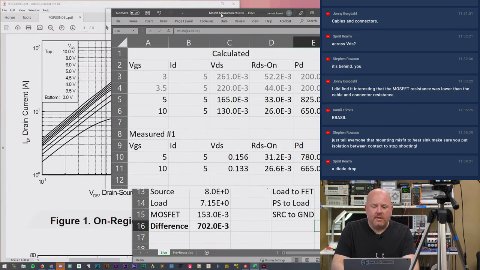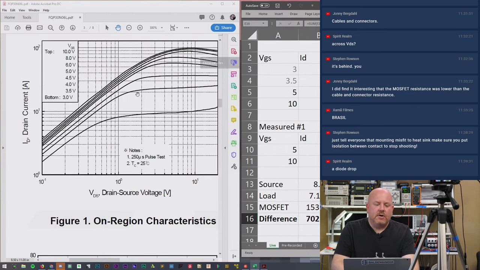And then the other thing I wanted to point out is when you're trying to figure out what the RDS(on) for a MOSFET will be, you need to look at this on-region characteristics graph, or it's sometimes called output characteristics. What you're looking for here is what VGS you are using, that's the different curves, and then you look for how much current you expect to go through the drain, and that will tell you what the voltage drop of VDS will be.